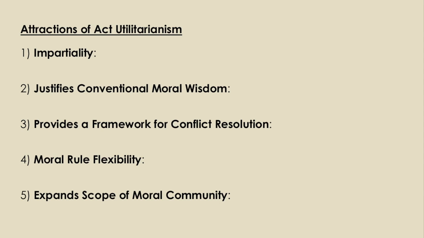In other words, we can't prioritize some people over others. Rather, everyone is equally valuable with regard for our ability to experience happiness. So the theory demands that we take everyone who can be affected by our action into consideration when deciding how to act.